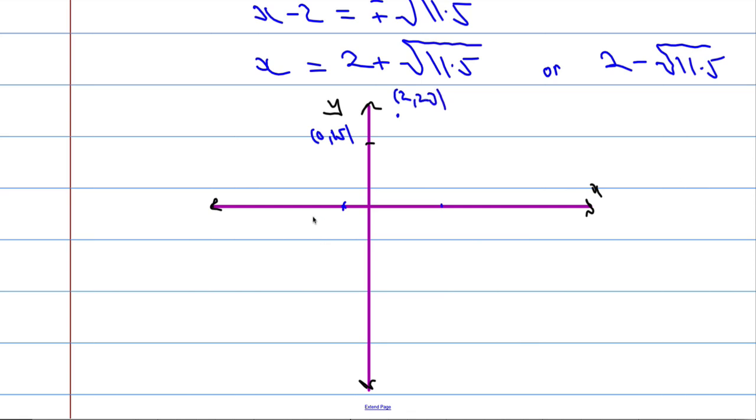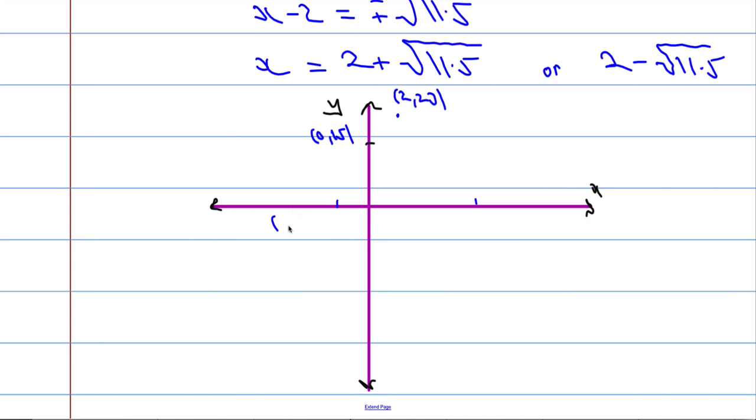And we've already said that this is when x is 2 minus root 11.5, and this is when x is 2 plus root 11.5, and I have these backwards as well. What am I doing? My God. One there, one there.